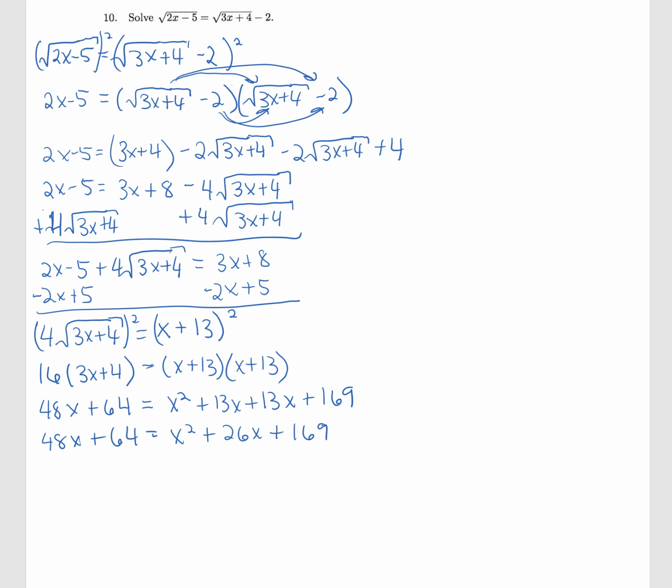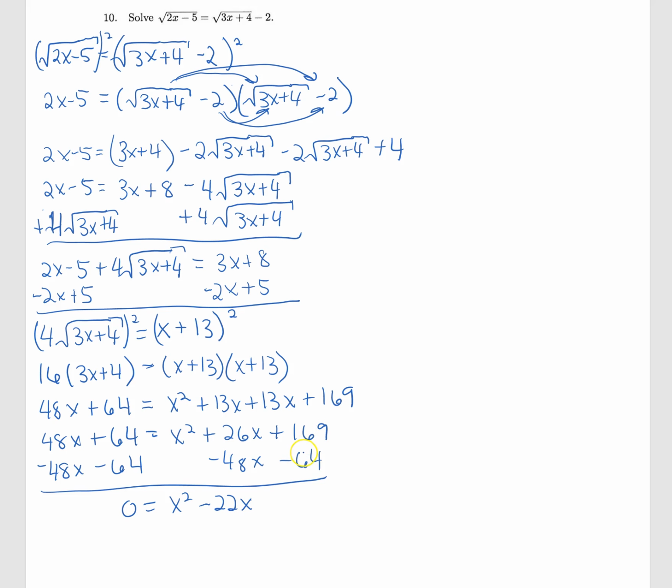And now I'm going to move everything over to the right side of the equation. So I'm going to subtract 48x, subtract 64. All right, and so that gives me 0 equals x squared. Positive 26 minus 48 is negative 22x.